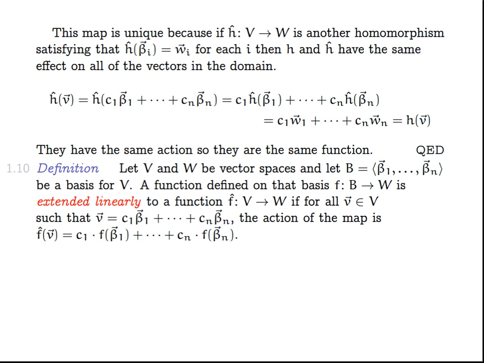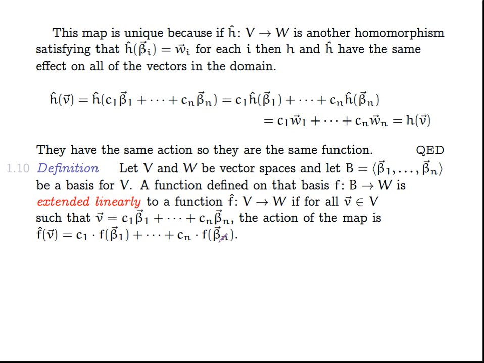All right. Now let V and W be vector spaces, and let B be a basis of V. A function defined on that basis can be extended linearly to a function on the entire vector space V if, for all vectors v in V, such that v is a linear combination of these basis vectors, the action of the map is f hat of v is the linear combination of the corresponding images of the different basis vectors.